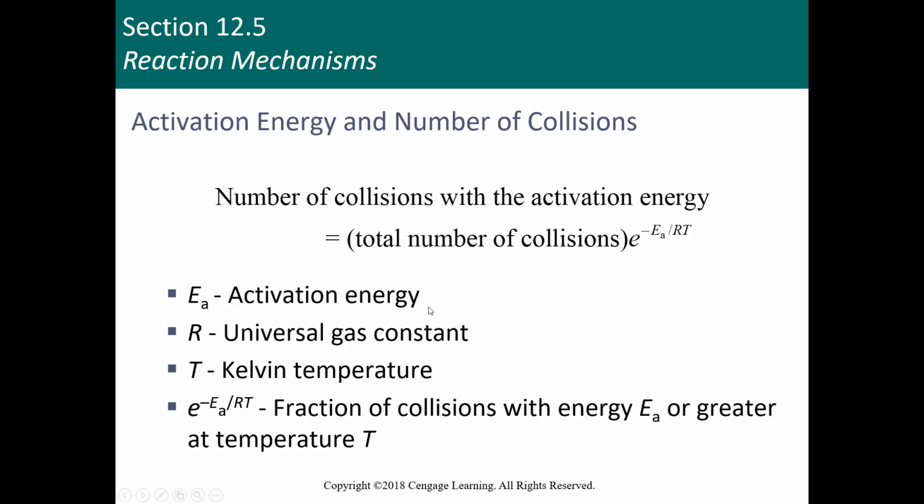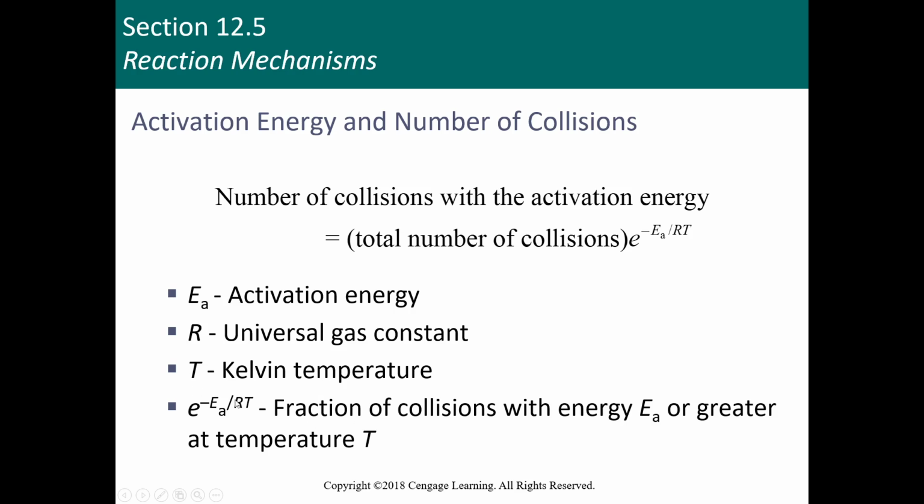So, right here we see this represented using a formula. This is the mathematical representation of it. The number of collisions with the activation energy equals your total number of collisions times e to the power of negative activation energy divided by R, the gas law constant, times T, temperature in Kelvin.